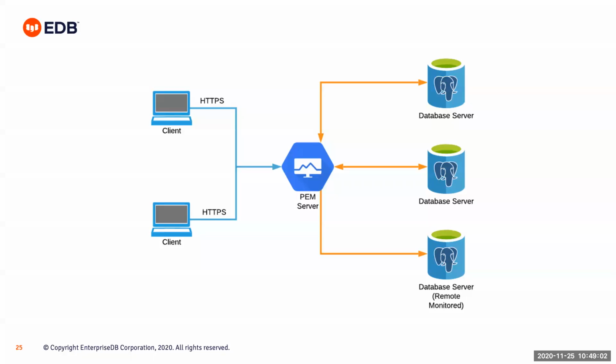Okay, let me go to the next question. Can you please go over the remote monitored server with reference to the PEM server? Yes. We just happen to be on the right page. On these servers, you have a small process running, which is known as a PEM agent.